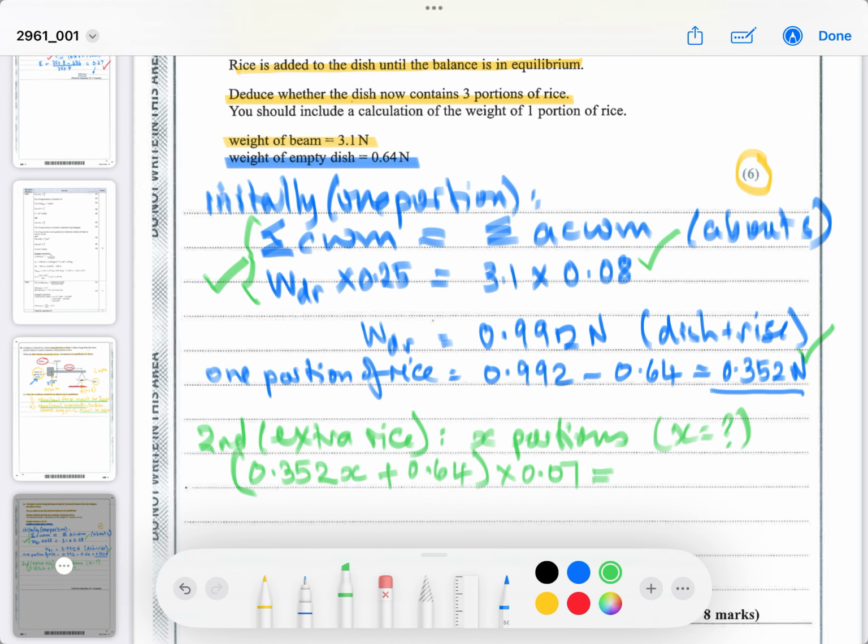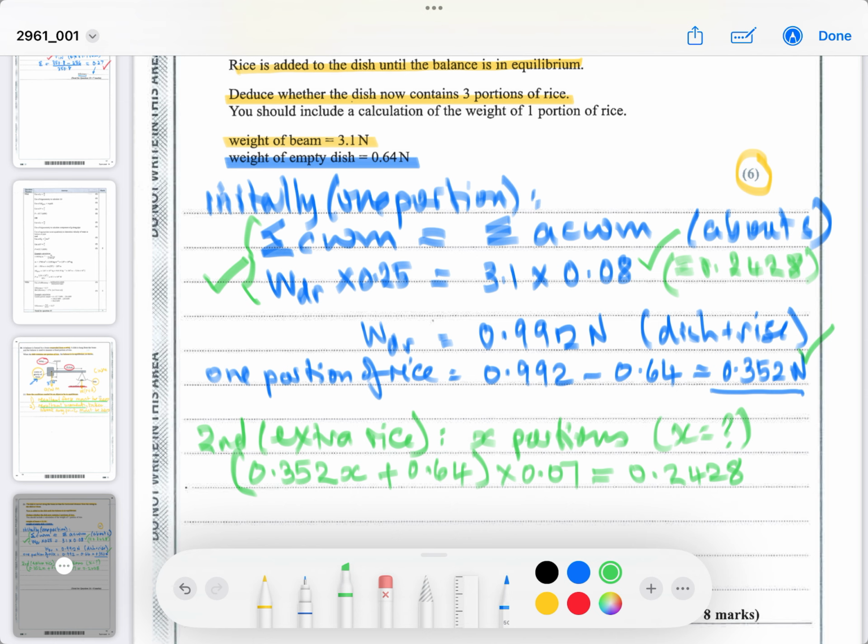Okay, and this must be equal to the original anti-clockwise moment, which was 3.1 times 0.08, which is equal to 0.2428. Okay, so we already knew that hasn't changed. The anti-clockwise moment is still 0.2428. So the only unknown is x.